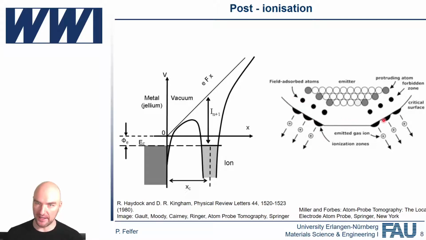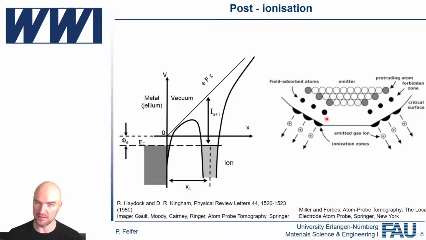This is why we have the ionization of these gas atoms in a so-called critical surface, which is a couple of nanometers above the surface, 1 nanometer, 2 nanometers, 3 nanometers above the surface, and in between there's a forbidden zone.